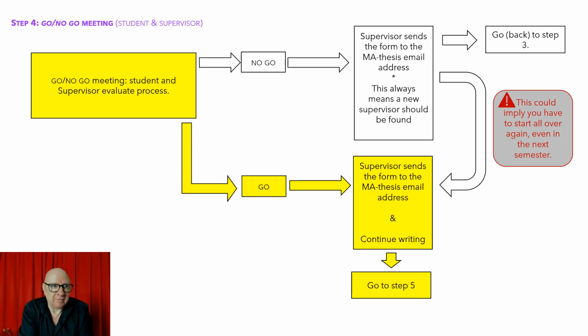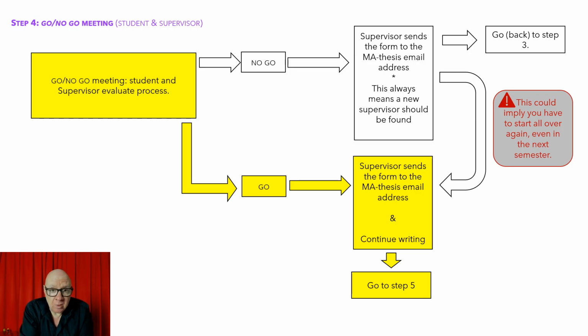Of course, they have to base that evaluation on something, so you have to hand in maybe a first draft of a first chapter or part of a chapter, so they have something to go on and see whether they think you will manage to write a master thesis in the time that is allocated for that.